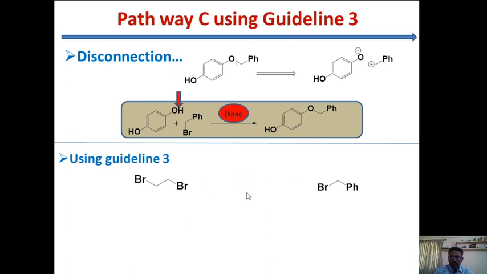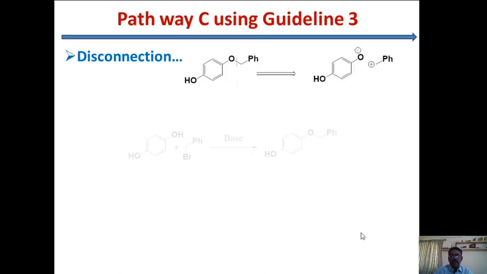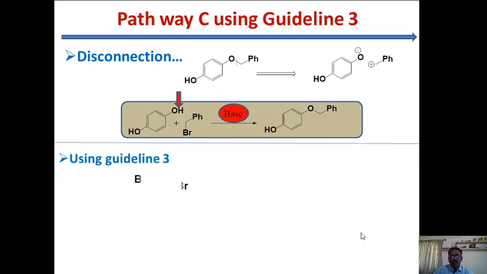Already we have seen that whenever you have a chemoselectivity problem, you have to find the more reactive group, and that should be disconnected first. Here the more reactive group is the dibromoethane, so we have to disconnect this first. We have already done the first and second disconnections.